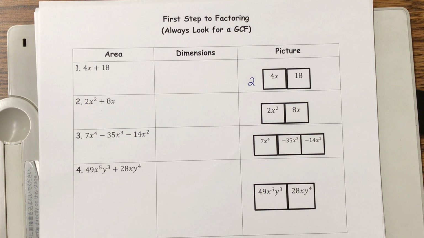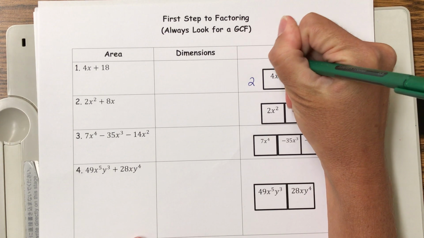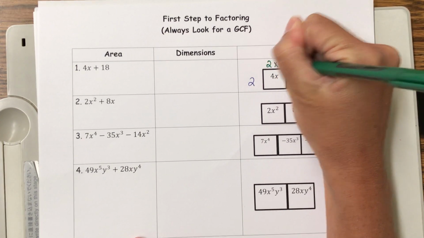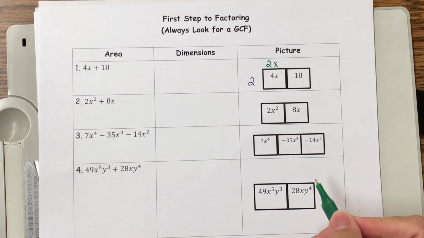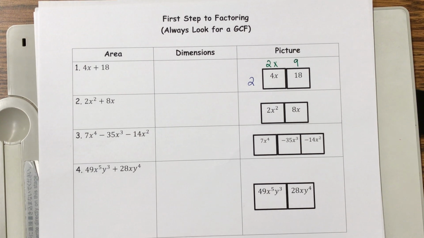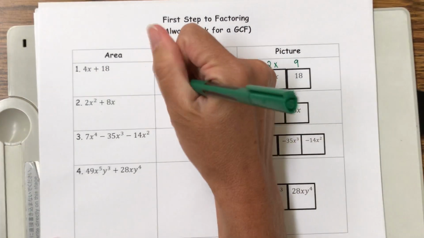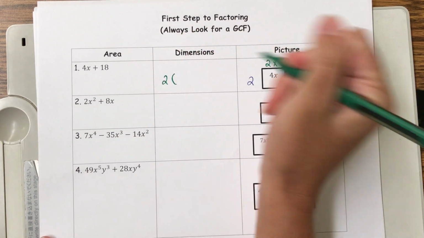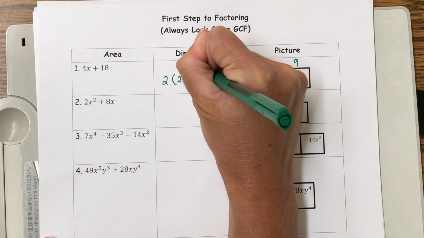So 2 times what is 4x? 2 times 2x is 4x. 2 times what is 18? 2 times 9 is 18. And so now I have my dimensions for this rectangle. I have a height of 2, and I have a length of 2x plus 9.